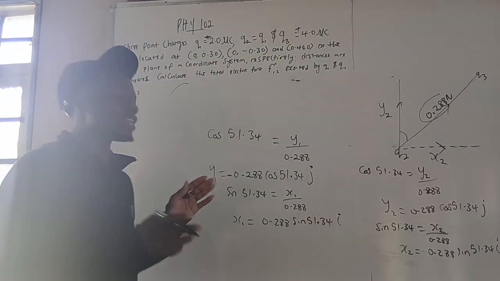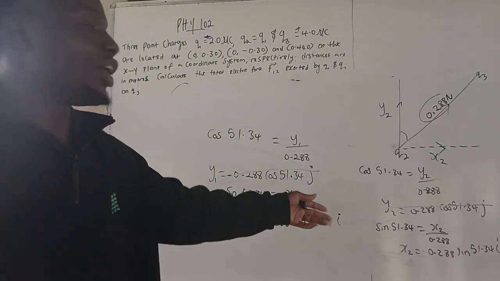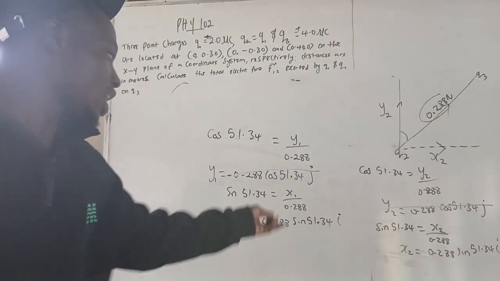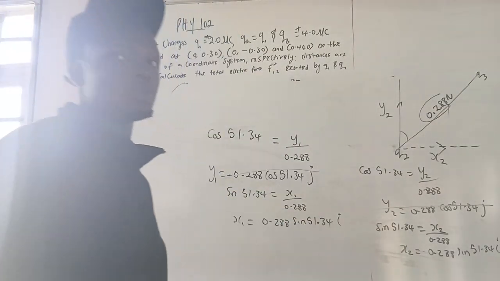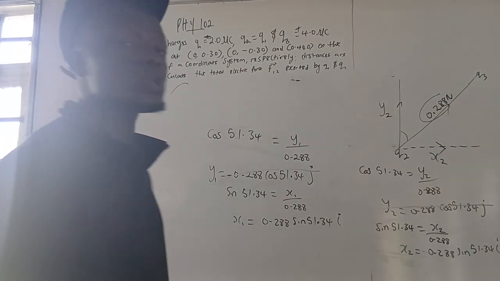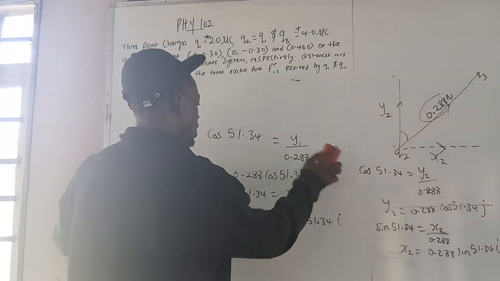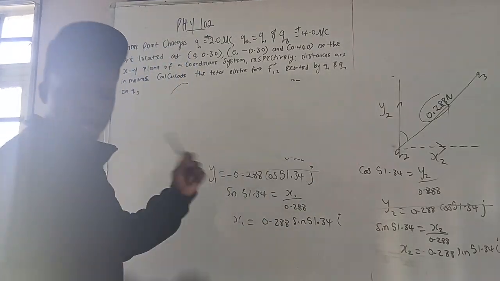So if you are summing everything together, this will cancel out. If I see this and I already know it cancels, I won't bother to work it. I'll just focus on the x alone. But I'm doing it in case you will have some that will not cancel out. It cancels out because Q2 is the same thing as Q1. So the y-axis will cancel out. But let me not cancel it yet.